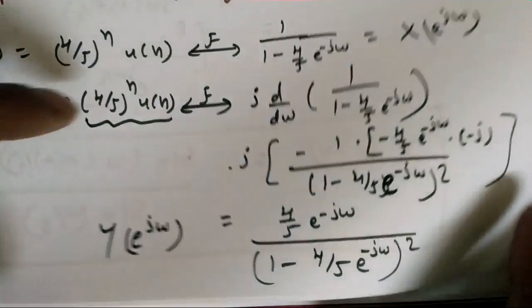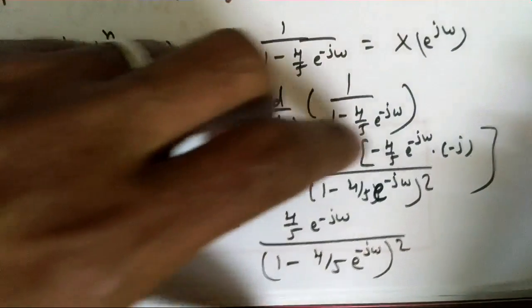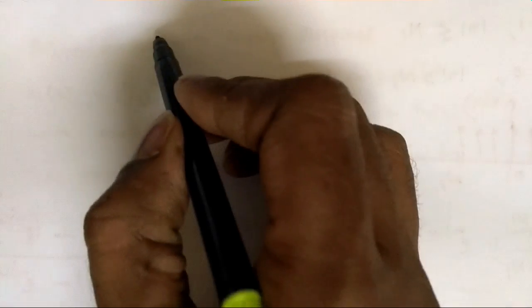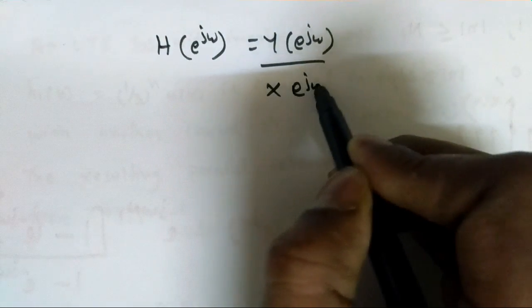Now we know how to find H of e power j omega, that is output response by input response. The frequency response H of e power j omega is equal to Y of e power j omega by X of e power j omega.